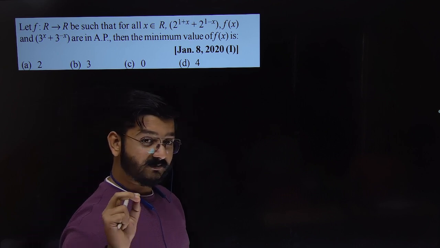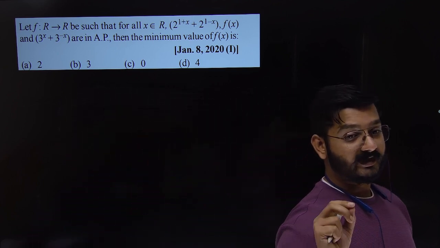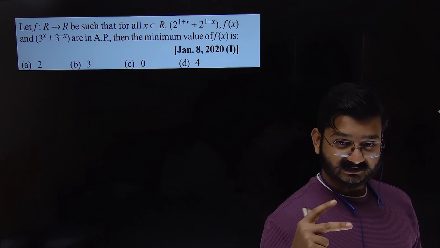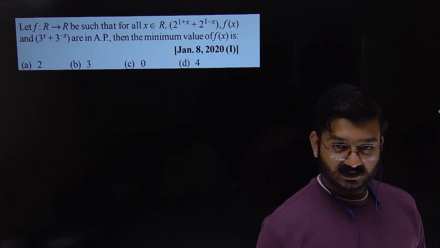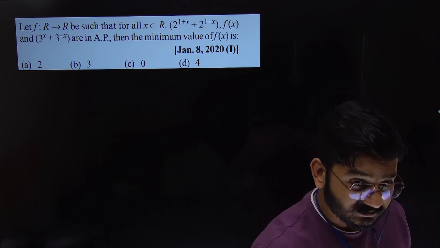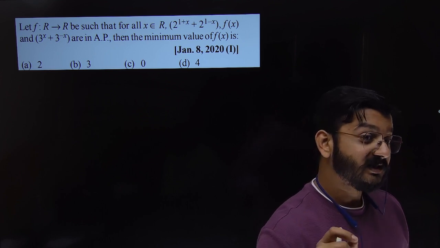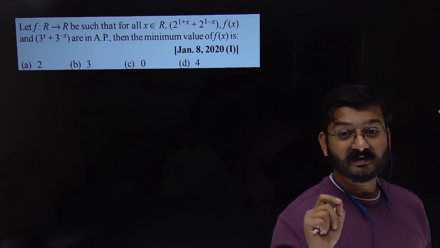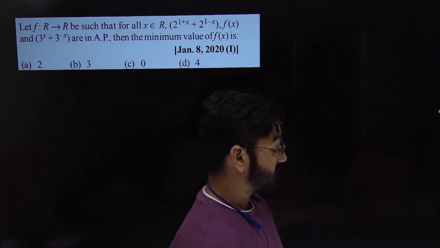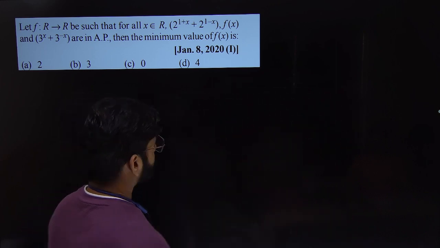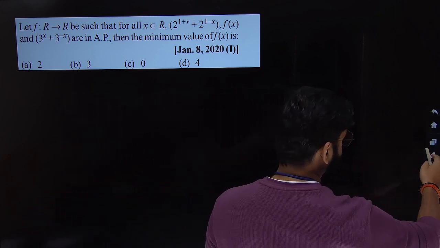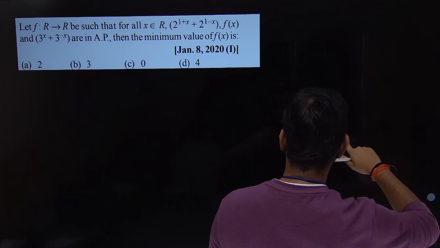So always keep one more backup option in your mind. Whenever they ask the maxima or minima without mentioning the point, then you can think of the inequality AM greater than or equal to GM. Let's solve this question. We'll mark this as important.